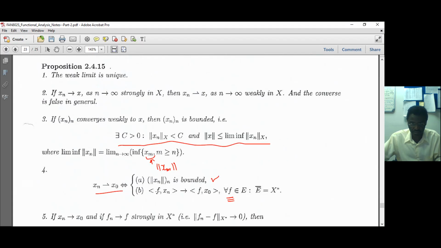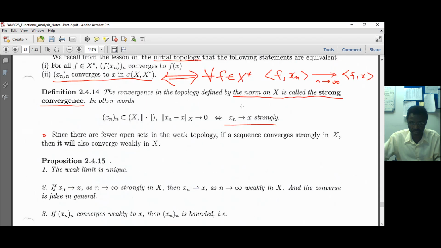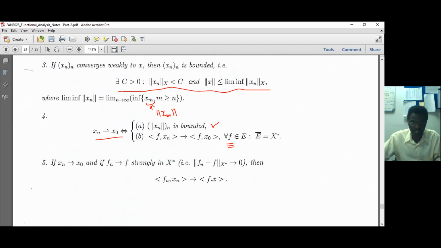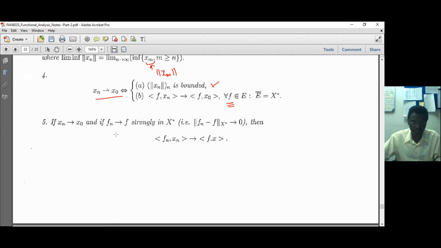So this and this is not the same. We say for any x in E instead of x star. Now for that to remain equivalent, we need this second condition, where we say the modulus of xn is bounded. So we need the two conditions for the equivalence.